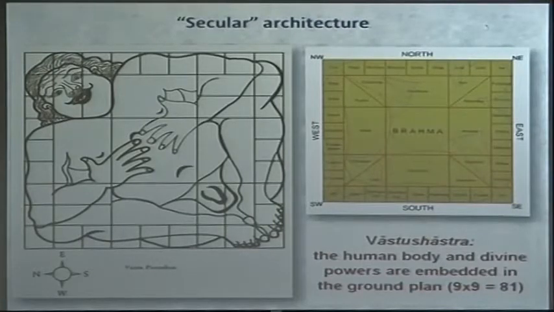And then the ground plan here is 9 by 9. You can see the 9 squares, and every one of the 81 resulting squares is attributed to a particular god or goddess. And there are variations. It's not that this is always like this. Depending on which ancient text you consult, there are variations also between North and South India.